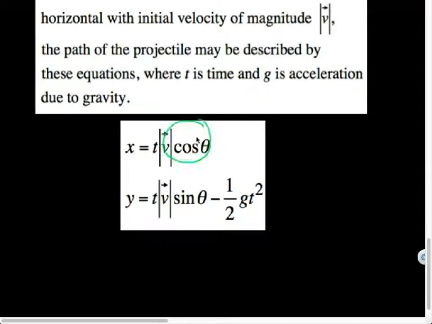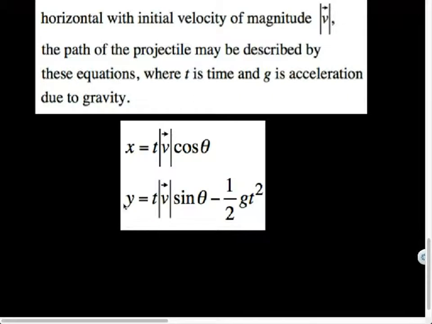So this whole V cos theta represents just the initial horizontal velocity, and I'm just multiplying that by time. Rate times time equals distance. So this x is going to be the location of the object t seconds after it was initially hit, right? So this represents the horizontal location of the object, and this is a parametric equation.